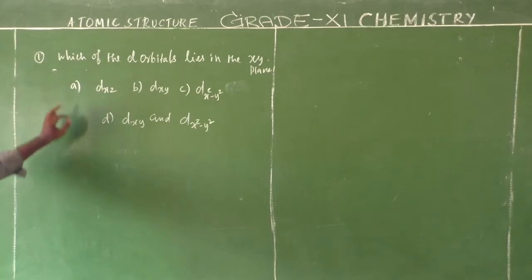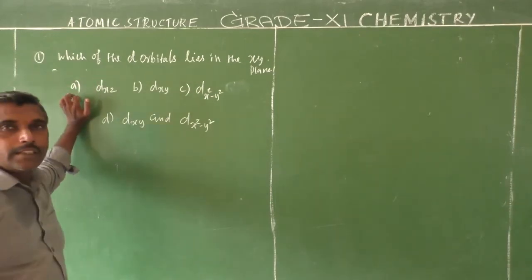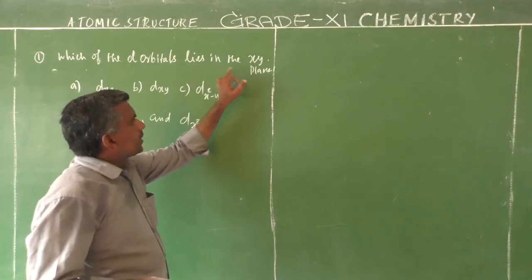Understand the question: which d orbital lies in the xy plane?